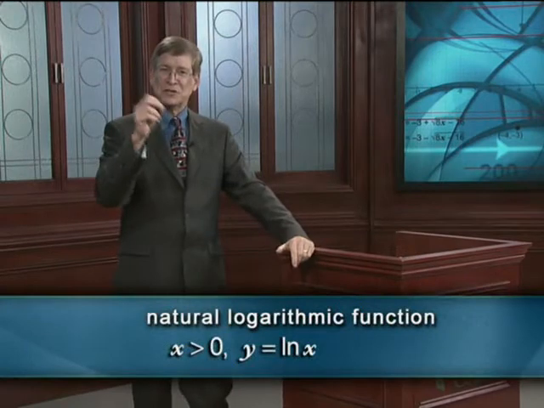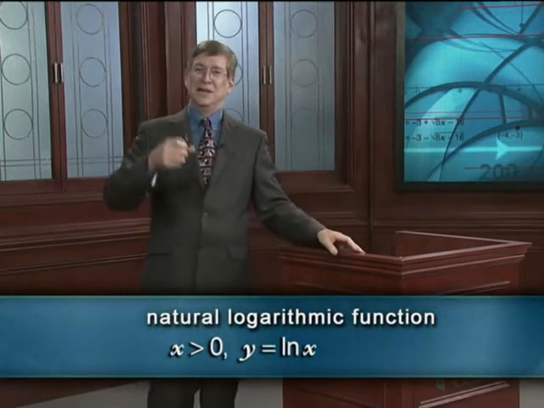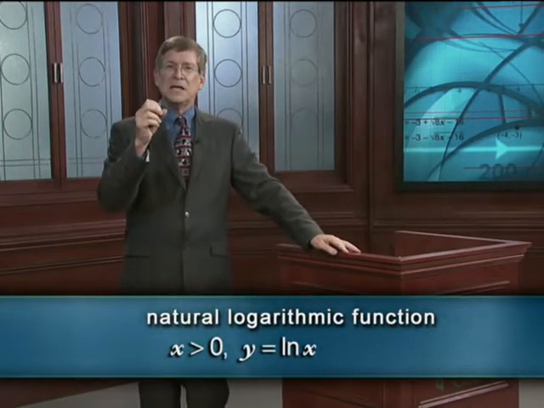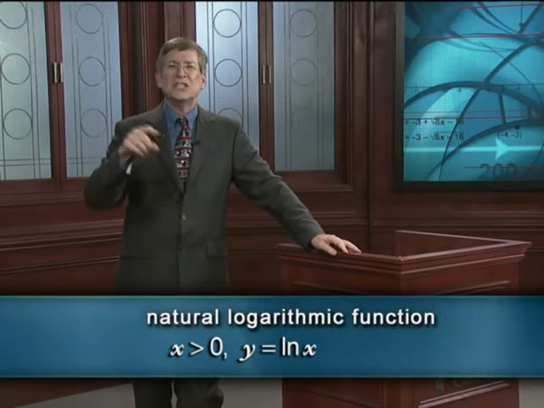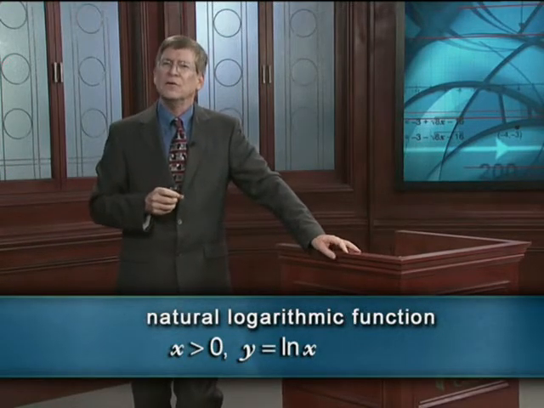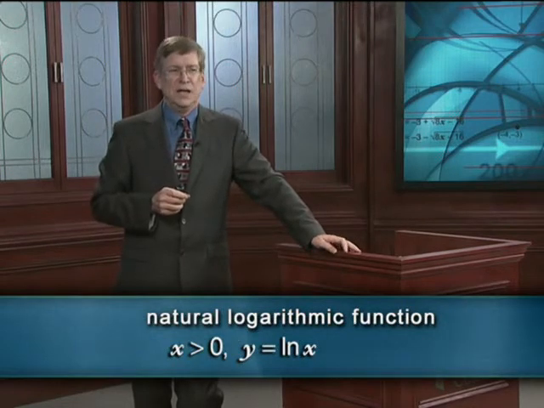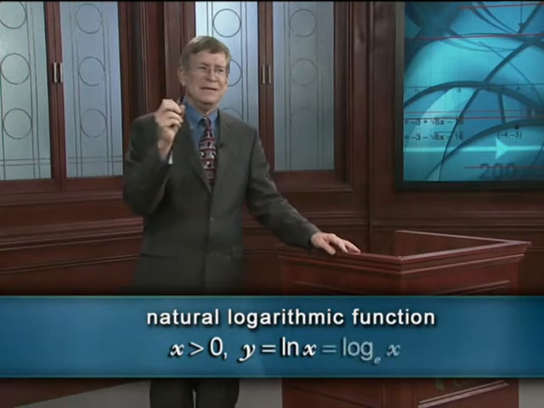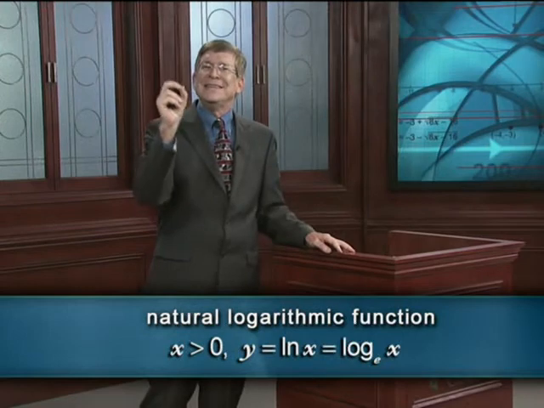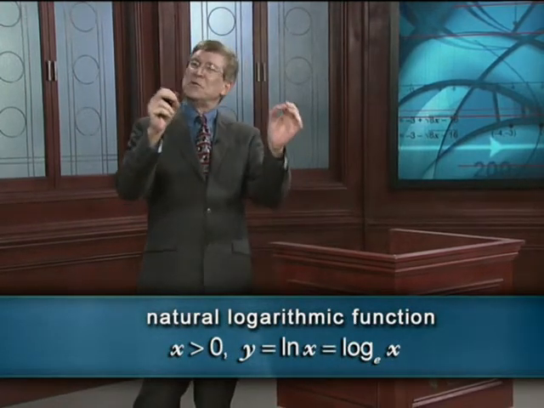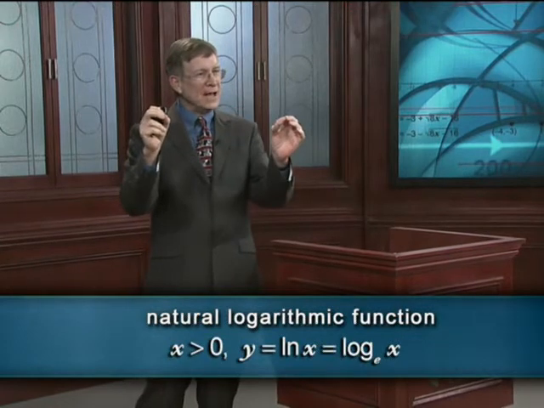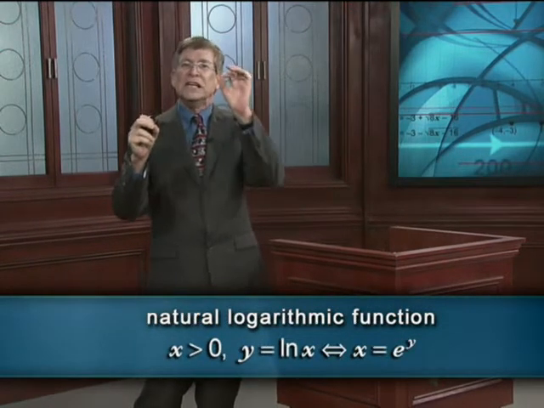So, technically speaking, here's the definition. The domain is x bigger than 0, and y equals the natural log of x. You write this as ln of x. That's the notation that we use, ln of x. That means log base e of x. And y equals ln x is equivalent to saying x equals e to the y.